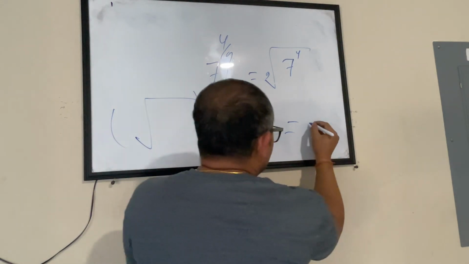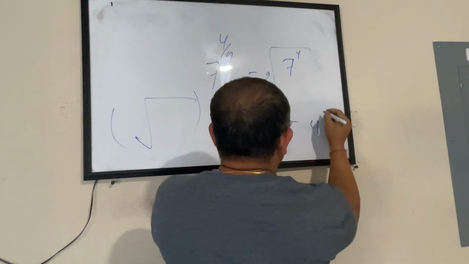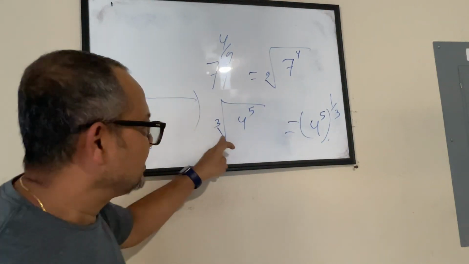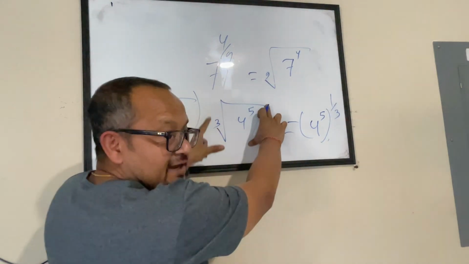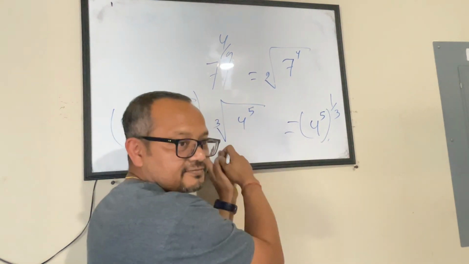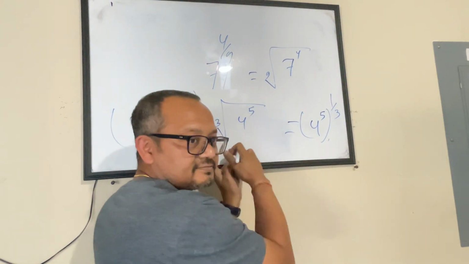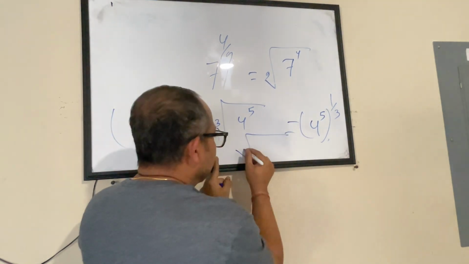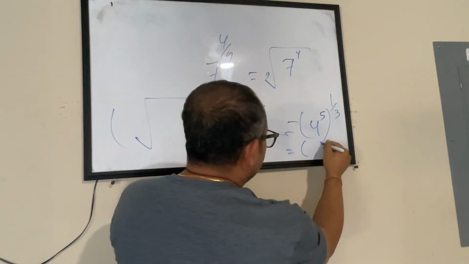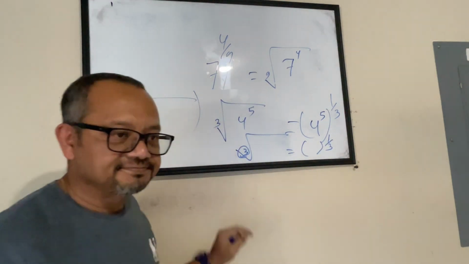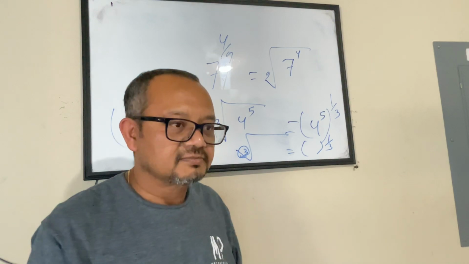Because what I will do, I will make this 4 to the power 5, 1 by 3. See, I am treating this radical sign as a bracket and we'll do the same stuff. So I'm replacing this with a bracket 1 by this.